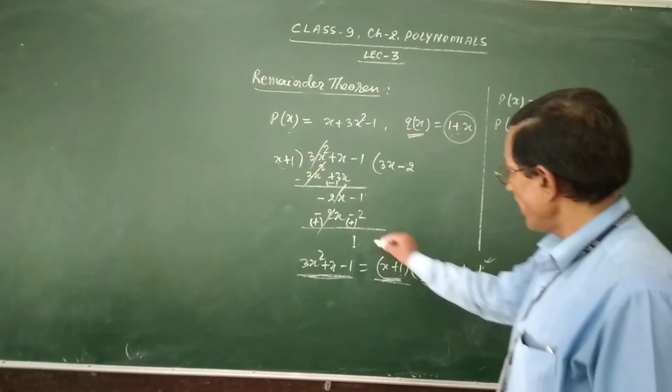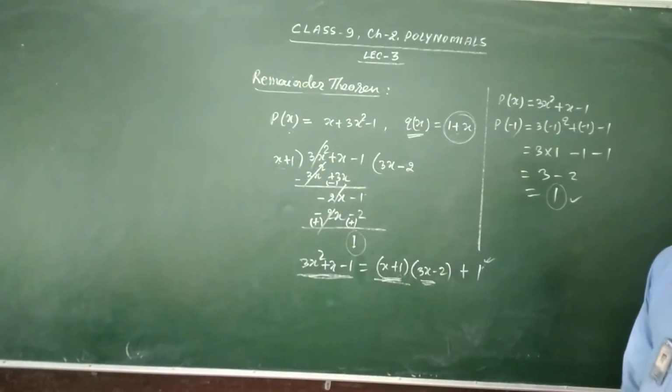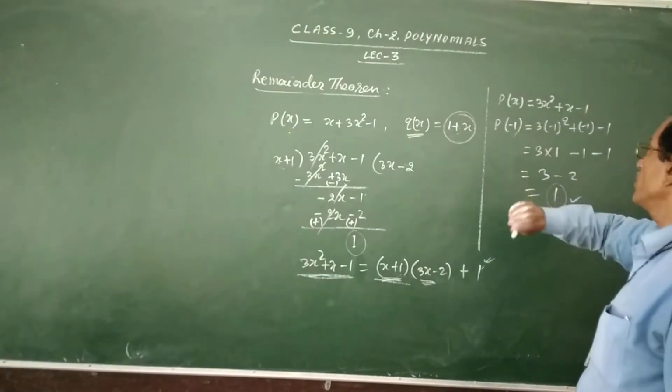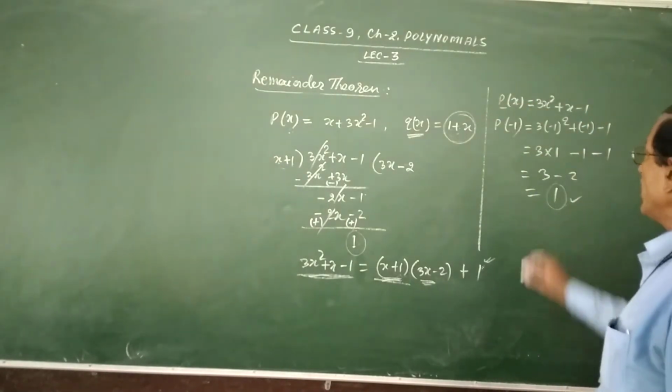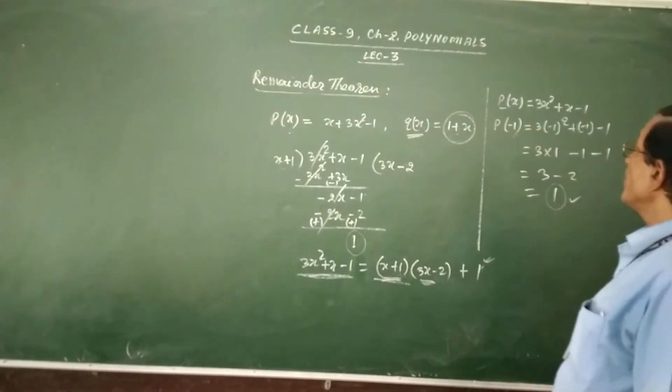So you are looking here, the remainder is 1, and here this is also the remainder 1. Why is it remainder 1? Because px is this, we have found p minus 1. P minus 1 is known as the remainder.